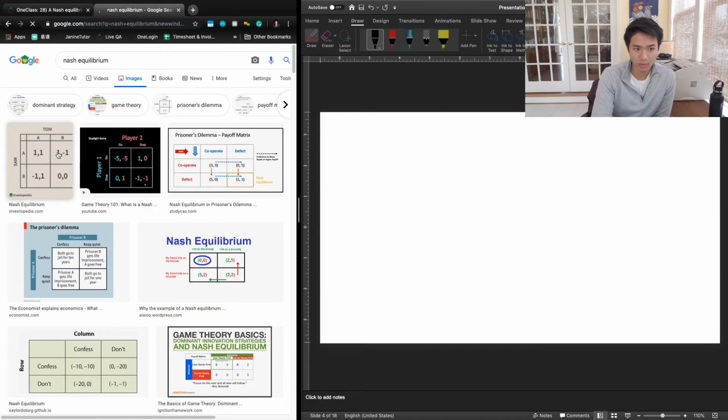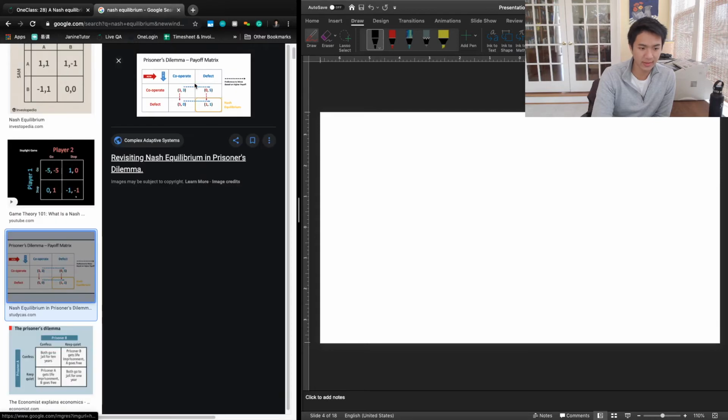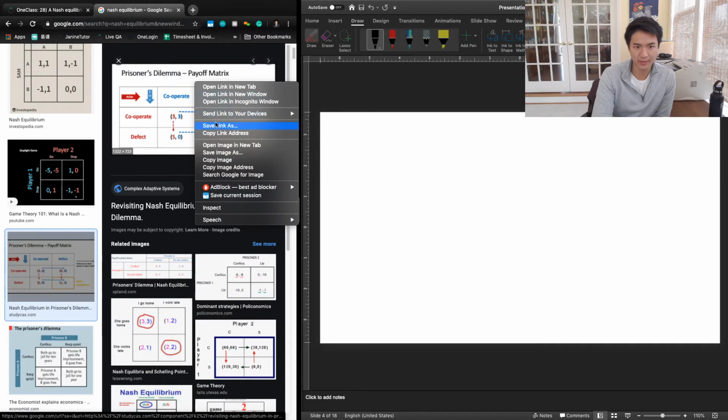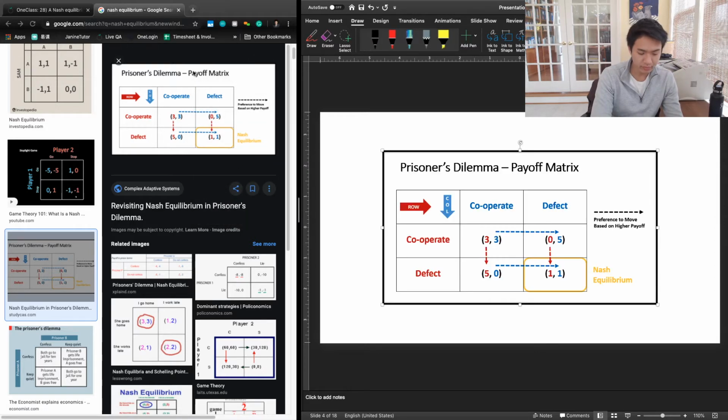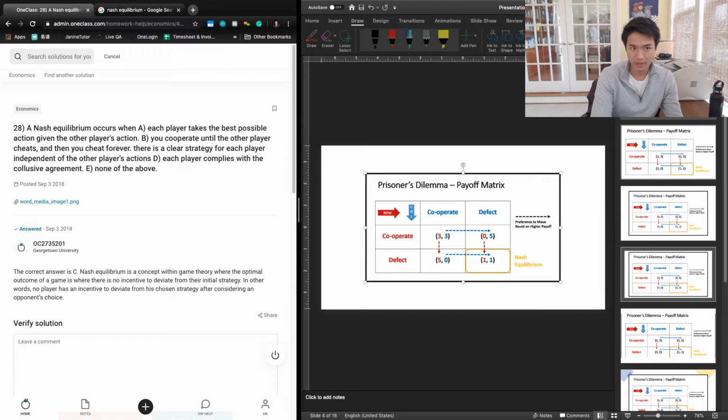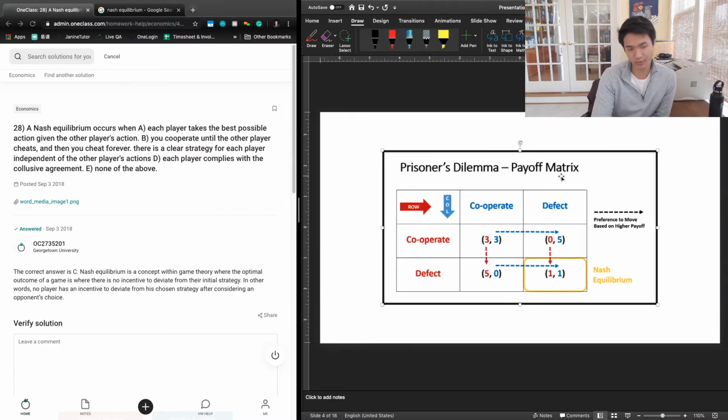And so this is something that we refer to as the prisoner's dilemma. So if we can put that on the right here. So this is the prisoner's dilemma. I'm going to give some background for game theory and Nash equilibrium in case this is your first introduction to this topic, and that way it'll be easy to see what the right answer is here.